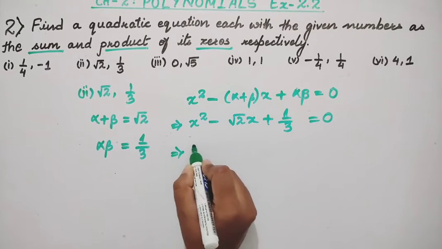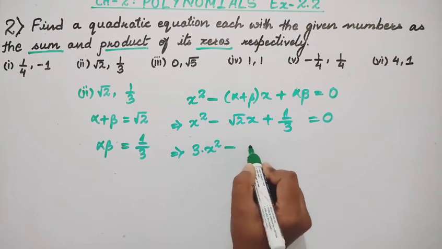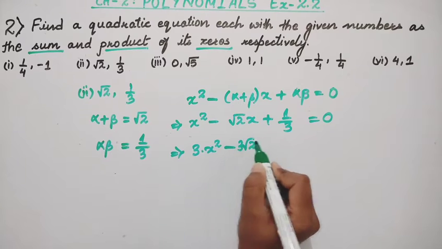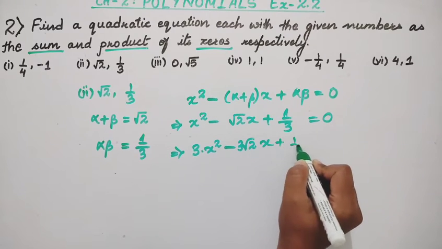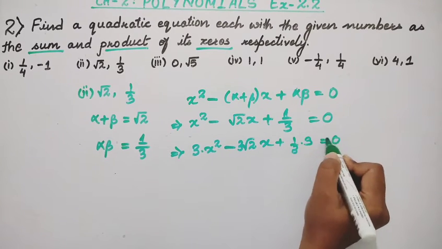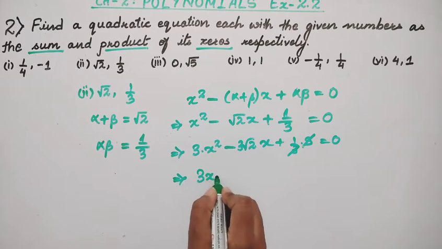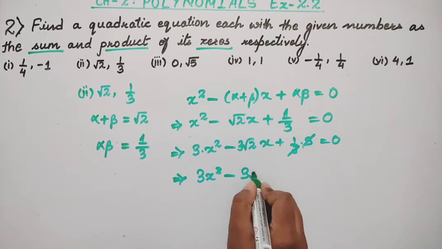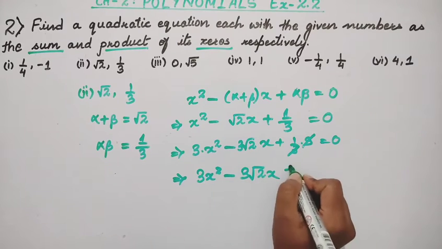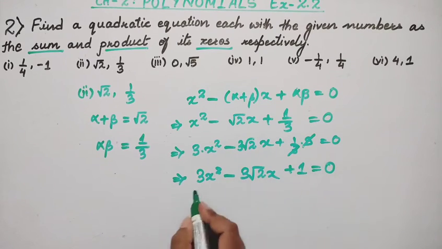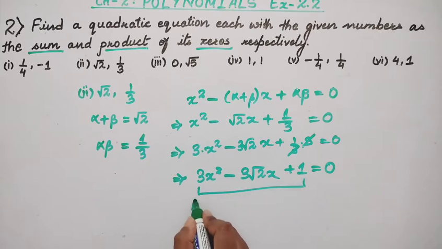Again we will multiply every element with 3, and this will cancel out. 3x square minus 3√2x plus 1 equals 0 is your answer. So this is your answer.